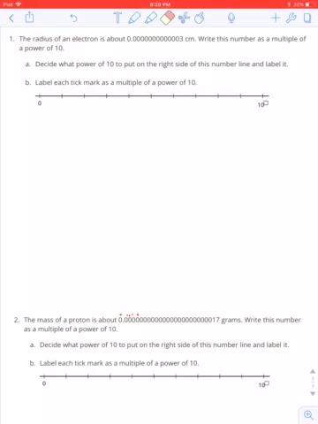So the first thing you need to think about for problem number 1 is obviously we're going to be doing some type of times 10, and it should dawn on you that since it's less than 1, we are going to have some type of negative exponent.